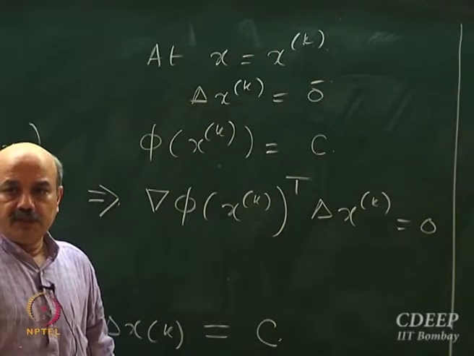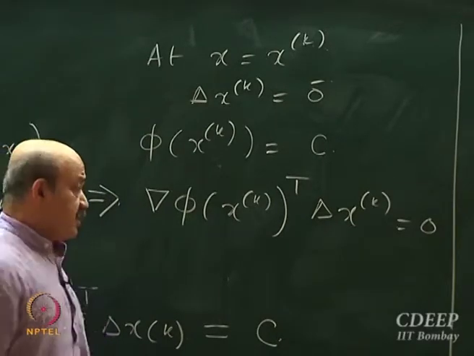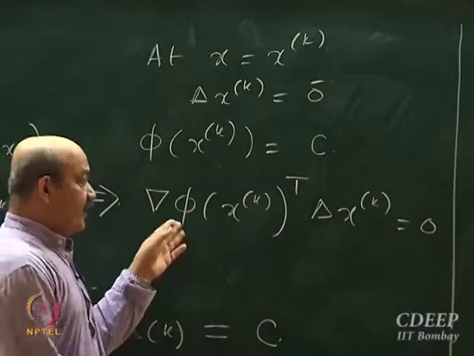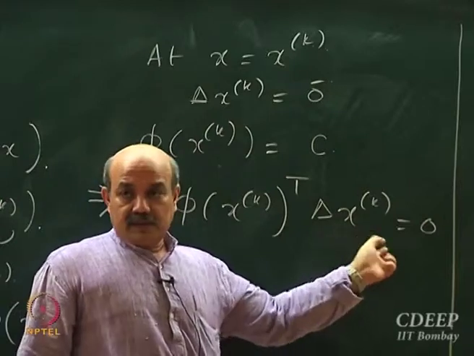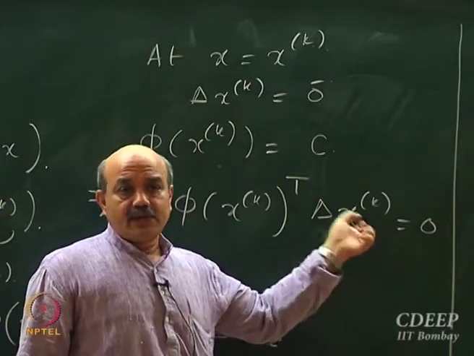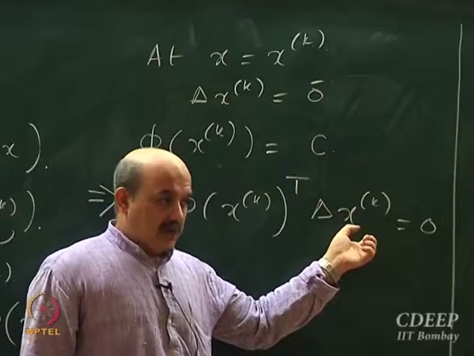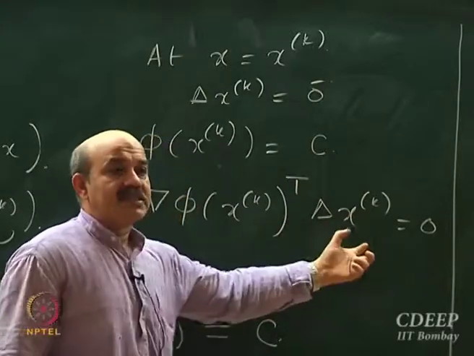Is everyone with me on this? This is a scalar function, by the way. Gradient is a vector, and delta xk is also a vector. So this transpose this is 0.